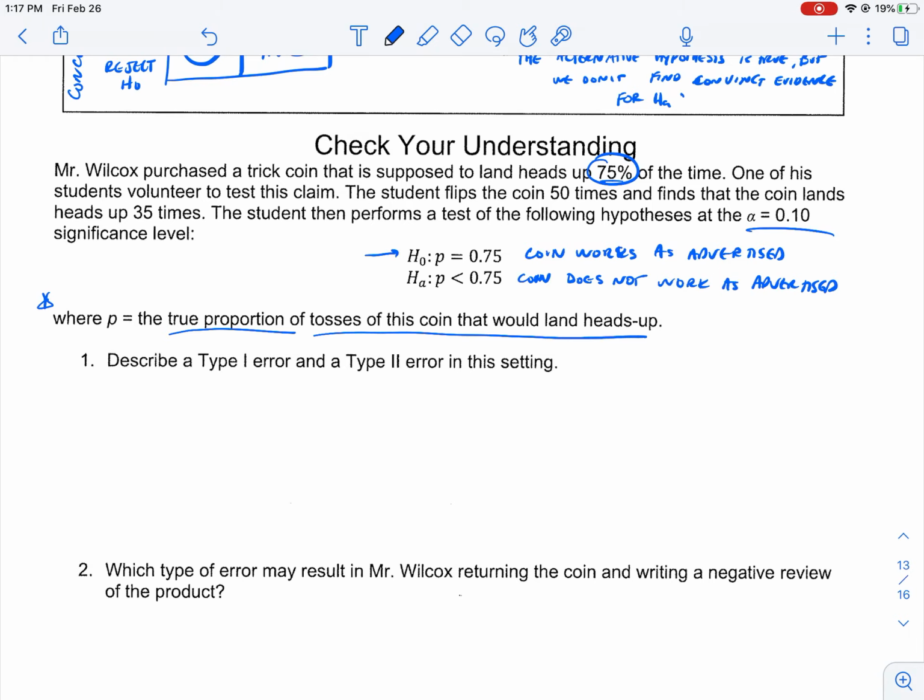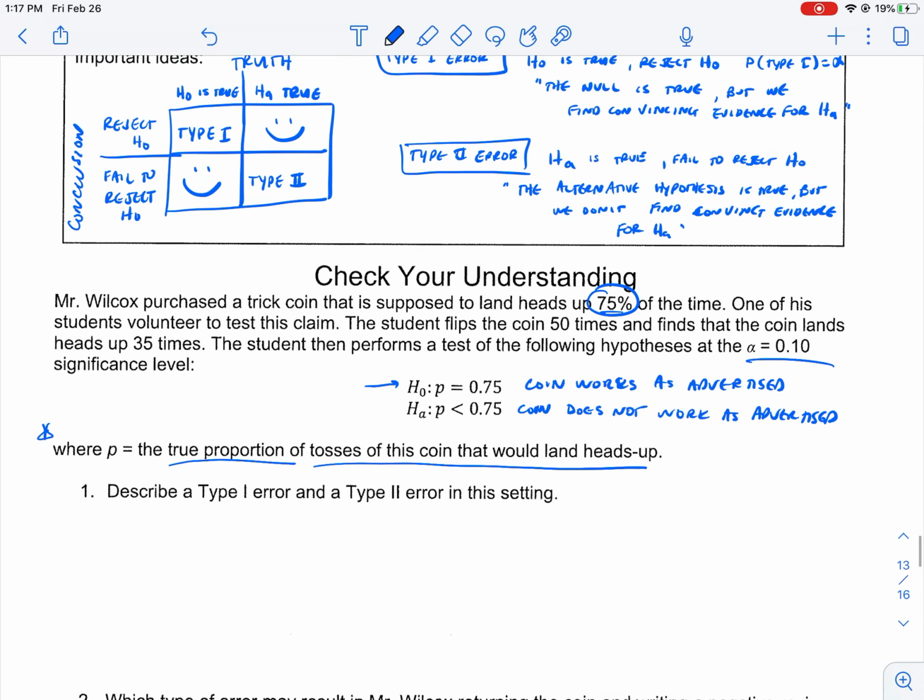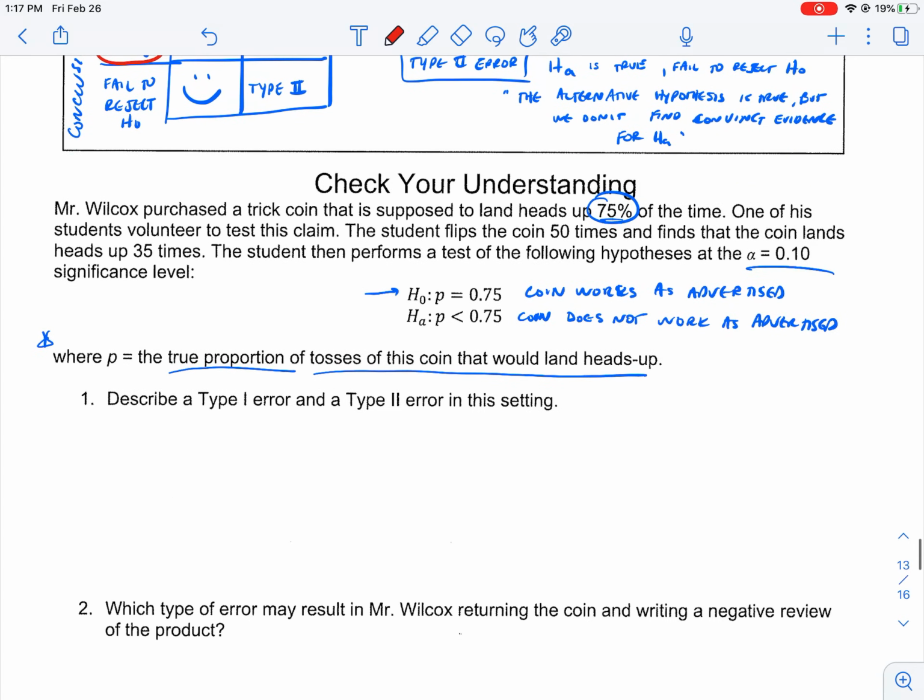So let's describe a type 1 error. So a type 1 error would be where the null is true, but we reject the null. So for a type 1, what would that mean in this context? Well, it would mean the coin works as advertised, where P is equal to 0.75.